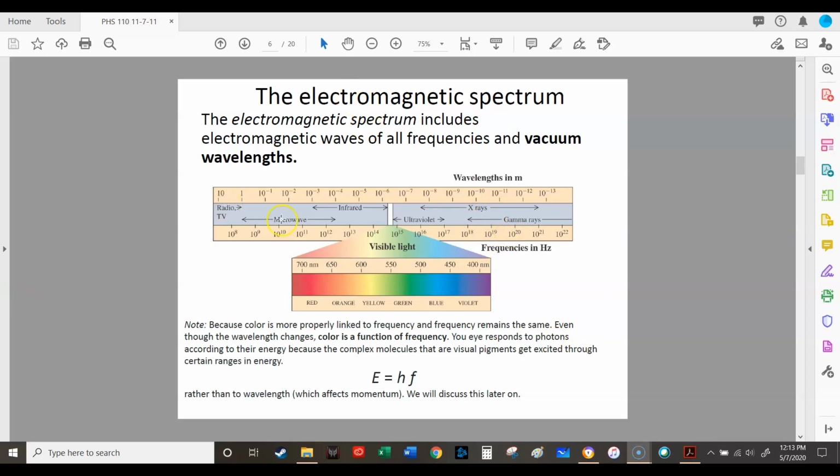So if you're in the vacuum of space, these are the wavelengths of light across the entire electromagnetic spectrum, right? But if you put this in air, these wavelengths would be different, okay? So it's really interesting, depending on the medium that you're in, the wavelengths would actually change.